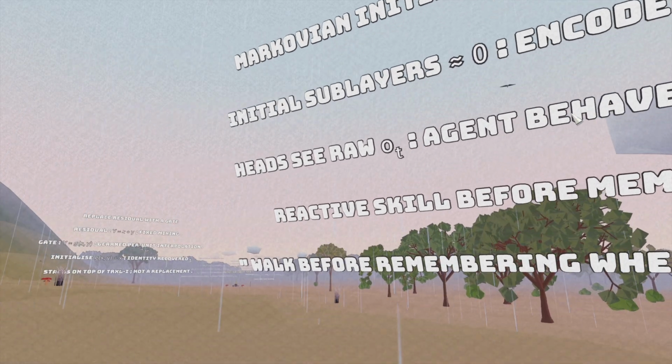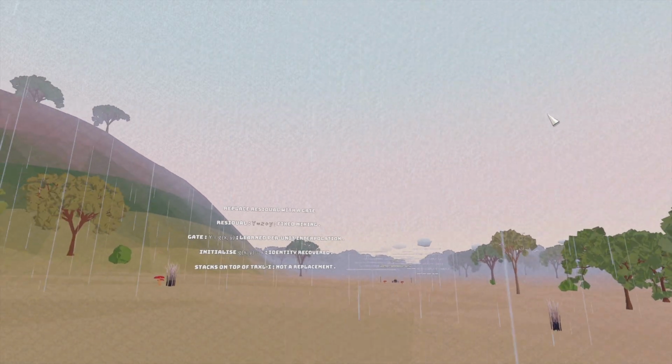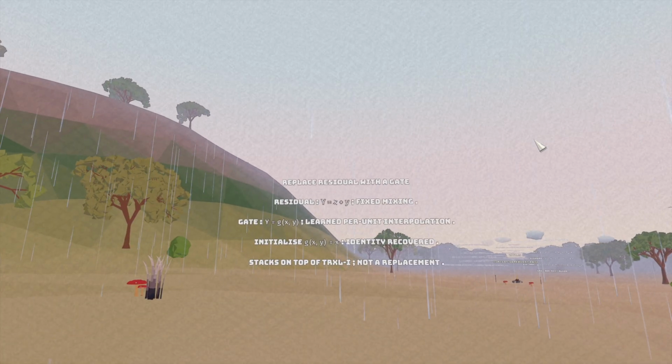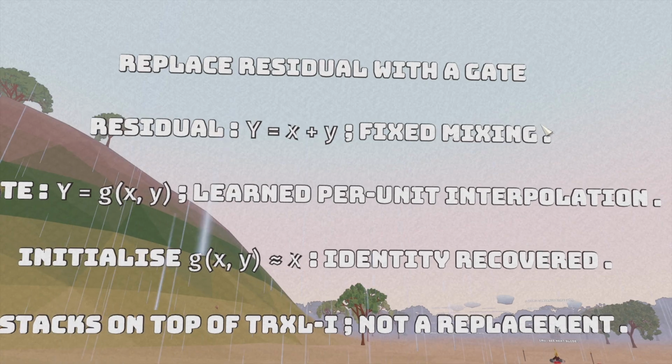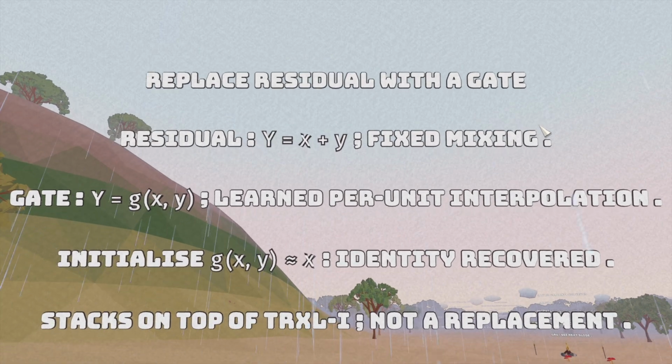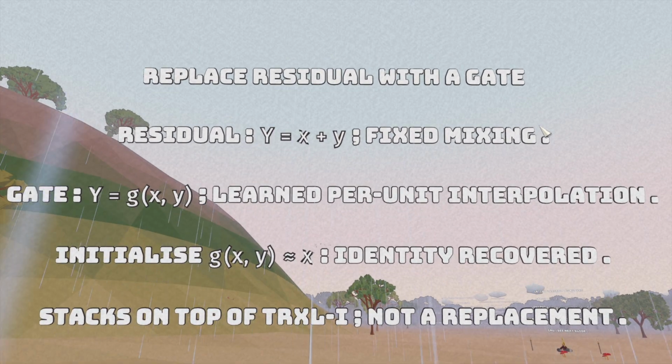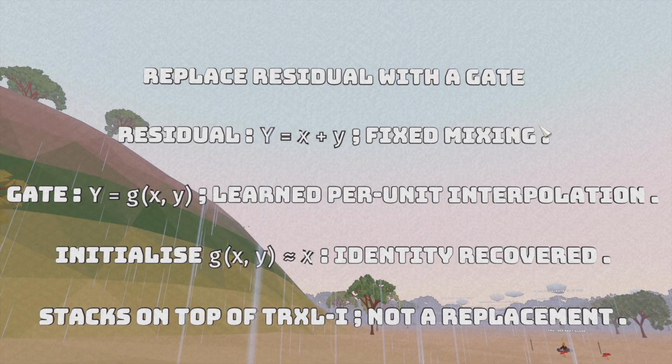The gating replaces the additive residual with a parametric gate G, where X is the layer input and it goes into G, and Y, the rectified linear unit sublayer output, also goes into G. Modulated here means that the sublayer contribution at each hidden unit gets multiplied by a sigmoid bounded factor between 0 and 1, and that factor is a function of X and Y at that position.